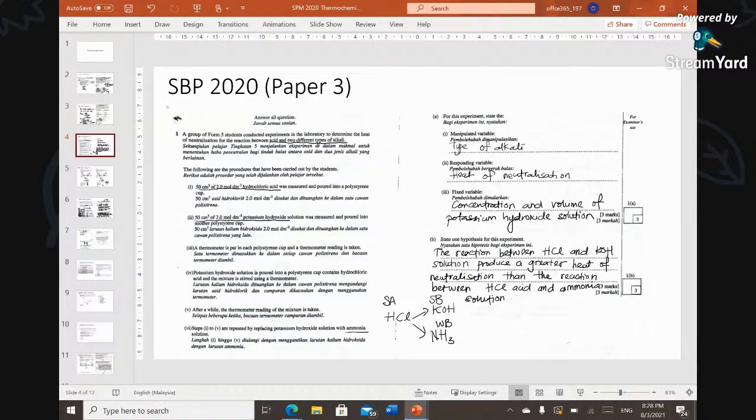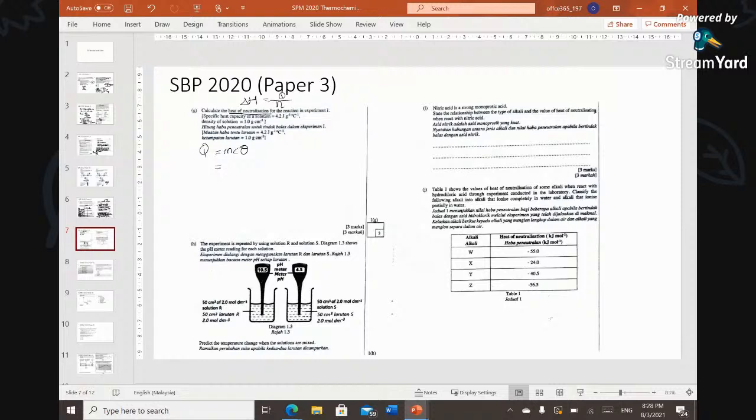So that's going to make 100 gram. So C is 4.2 and the temperature change is what you recorded just now.